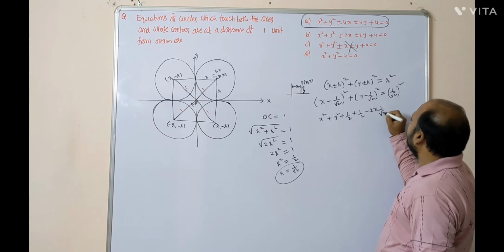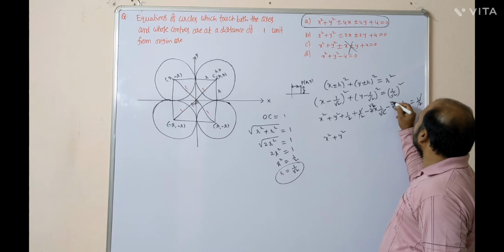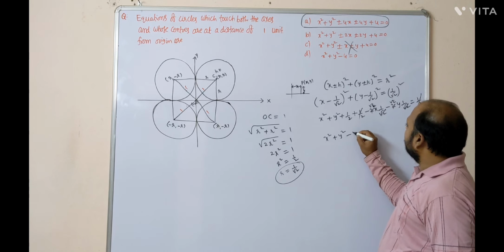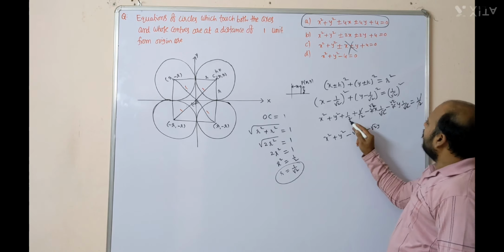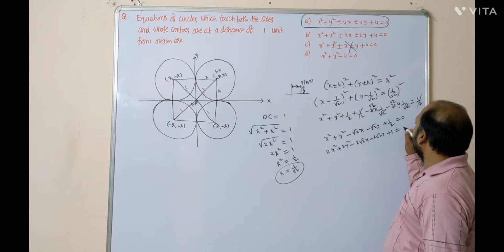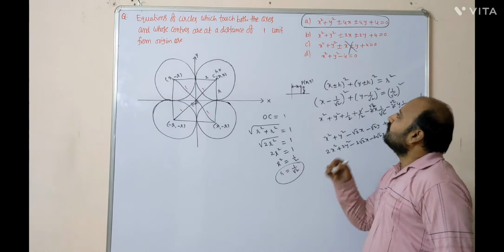So on both sides the 1 by 2 gets cancelled. x square plus y square minus root 2 x minus root 2 y plus 1 by 2 equal to 0. So take the LCM: 2x square plus 2y square minus 2 root 2 x minus 2 root 2 y plus 1 equal to 0. This is our required answer. We'll move on to the next question.